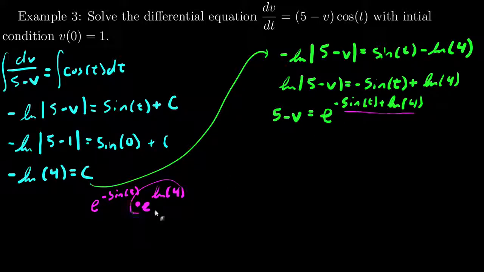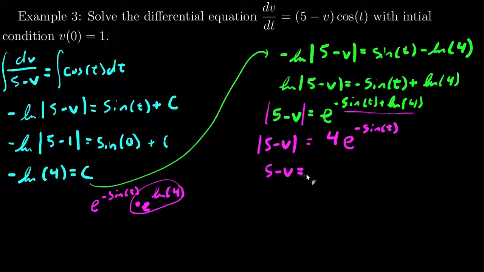And e to the natural log of 4 is just 4. So I will get 4 e to the negative sine t. I still have the absolute value of 5 minus v. Next thing to get rid of is the absolute value. If the absolute value is equal to this, then 5 minus v is equal to plus or minus 4 e to the negative sine t.